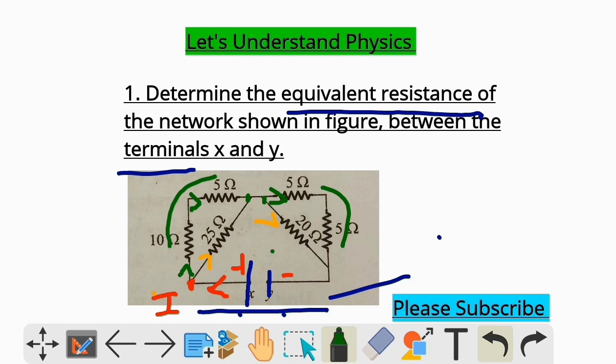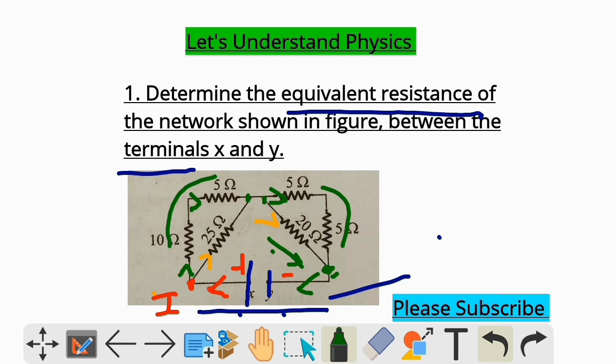Understood? Now let's simplify and draw one more diagram. If you observe here again, this 20 ohm resistance and this 5 ohm resistor, current will come and join here, and it goes to the negative terminal. I hope everybody understood this, how current is getting divided and how current is getting joined.